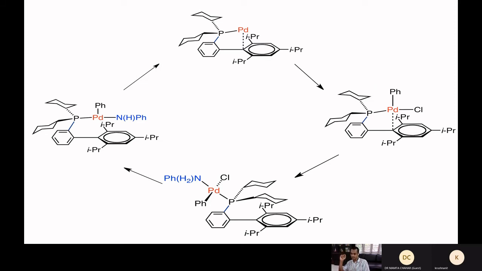As you can see in here, it's a subtle thing, right? This ligand is acting in a much smarter way than you can imagine. Okay, it is putting the metal, palladium in this case, in this very low coordination. Only one ligand is there. There are not 4 phosphine ligands. Only one phosphine ligand is there.